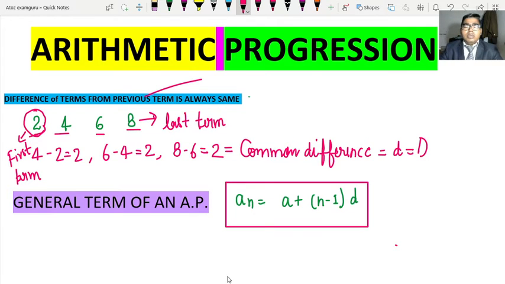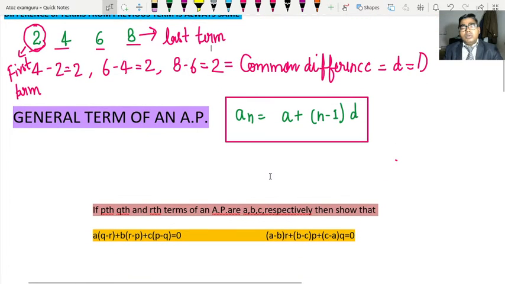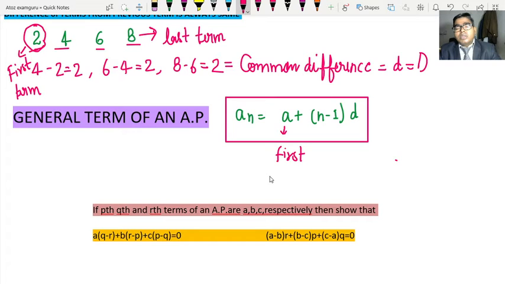The general formula for finding any term of the series is a n equals a plus n minus 1 into d, where a represents the first term, n represents which term we are going to determine, and d denotes the difference.